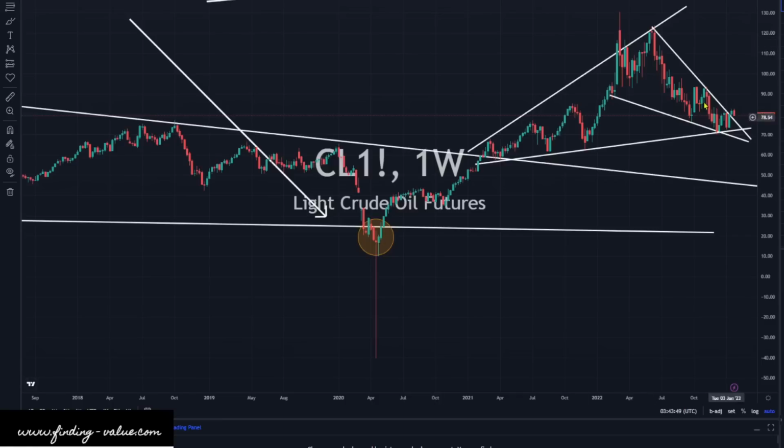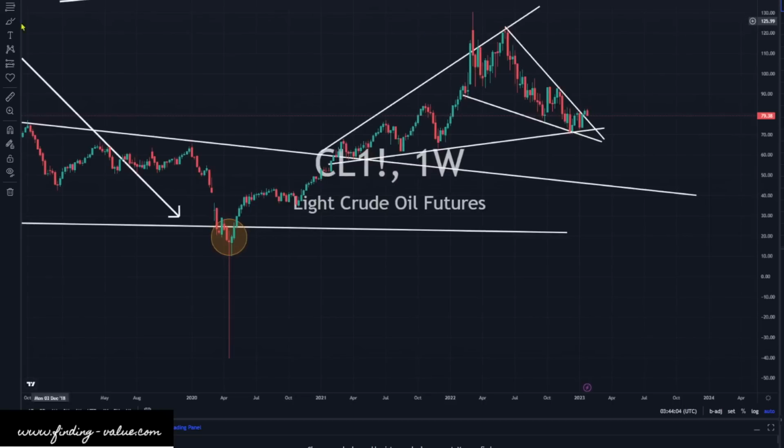Sometimes on these, you get these wedges that form, which is a consolidation formation, a falling wedge, and then we break it to the upside and run. It doesn't mean that we run immediately. We could very well do a couple of little humps here or something like that.